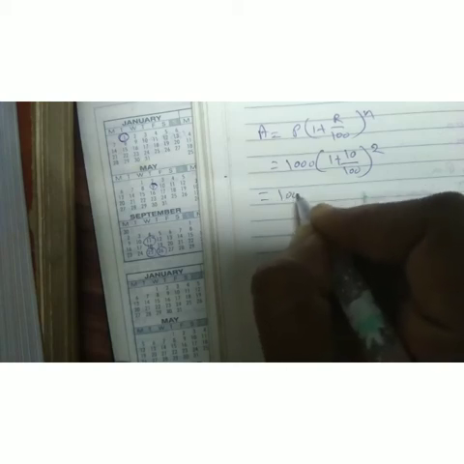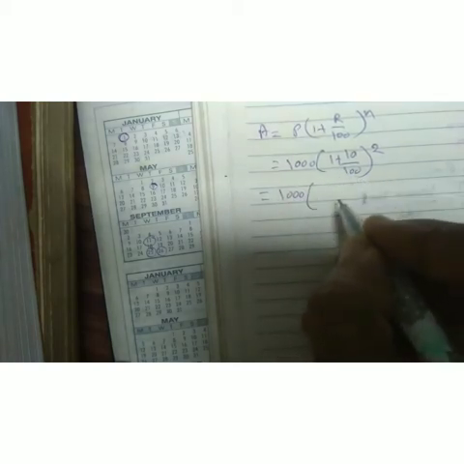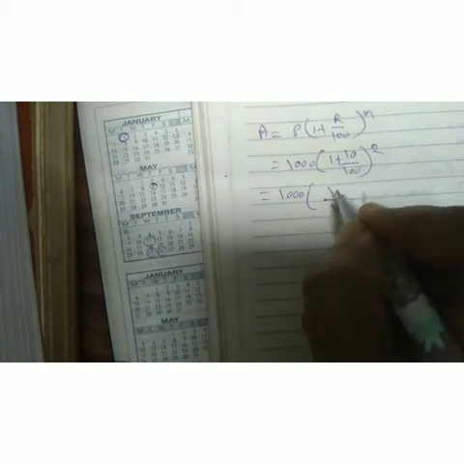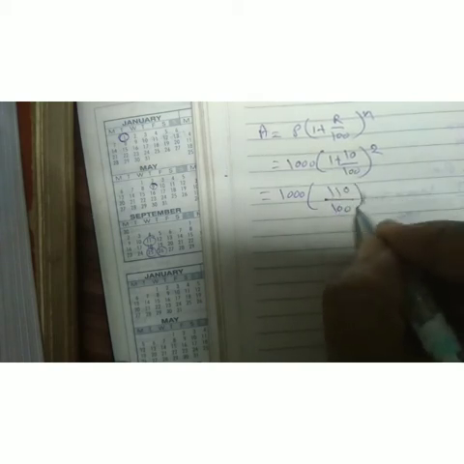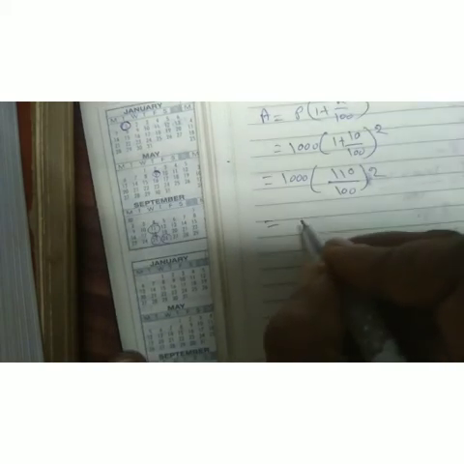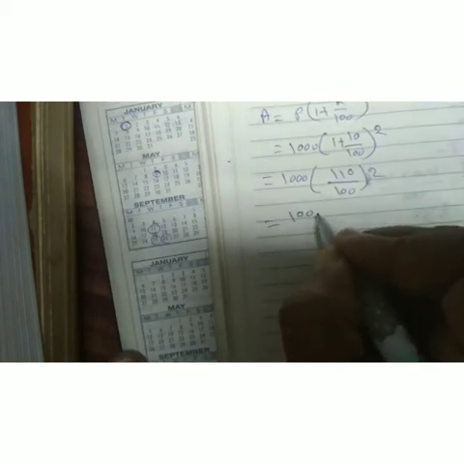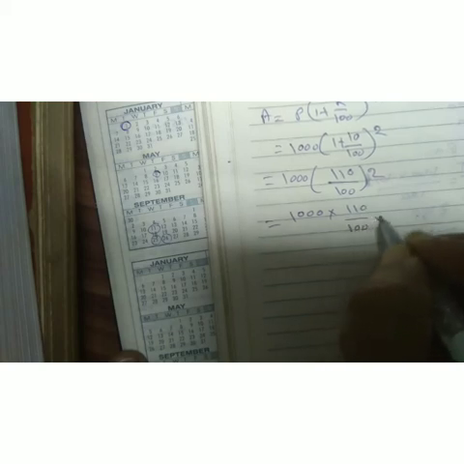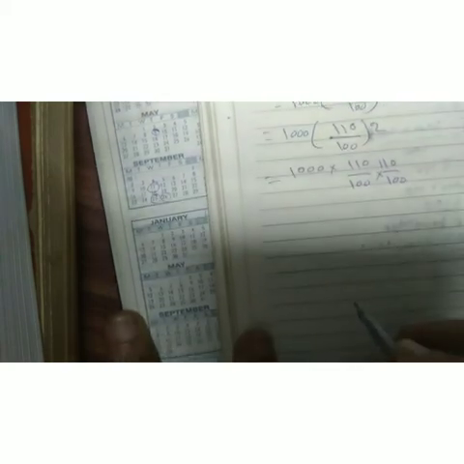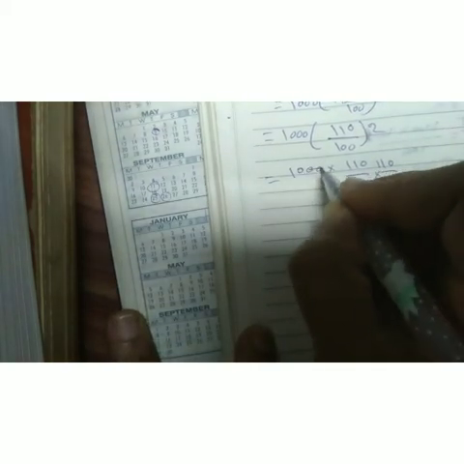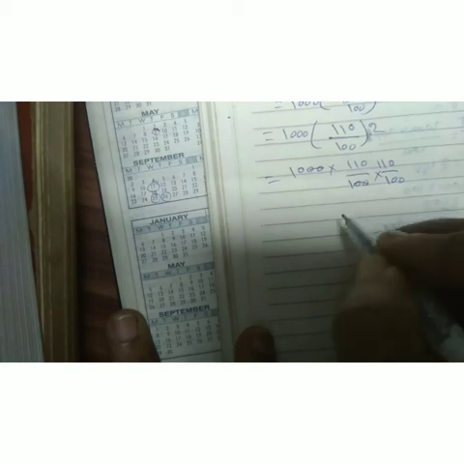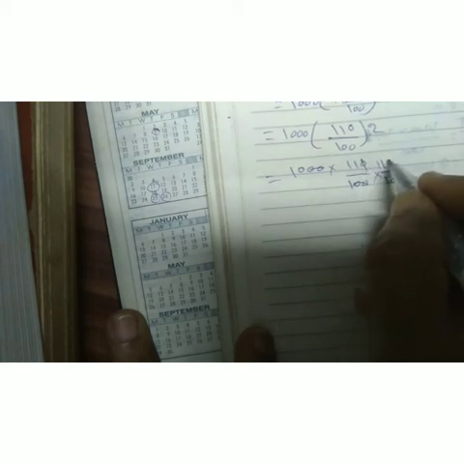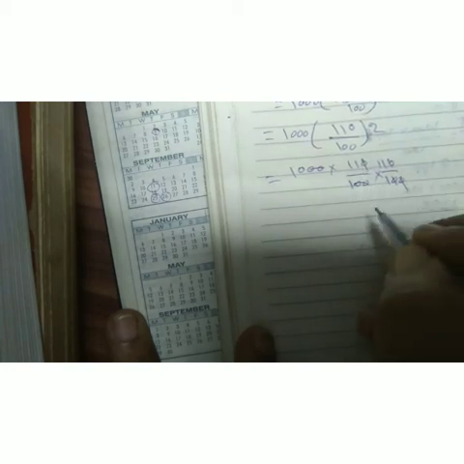So 1000. Here if you take the LCM, it is 100. 100 plus 10, it is 110, whole squared. So 1000 into 110 by 100 into 110 by 100. Here the zeros cancel.